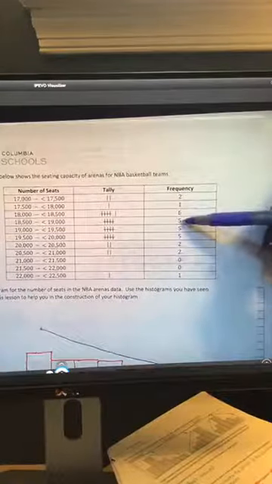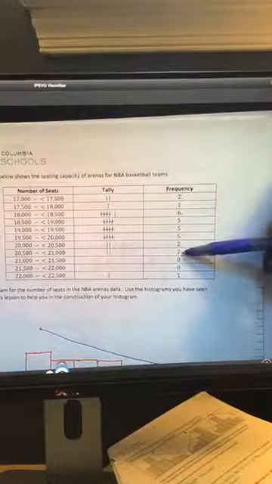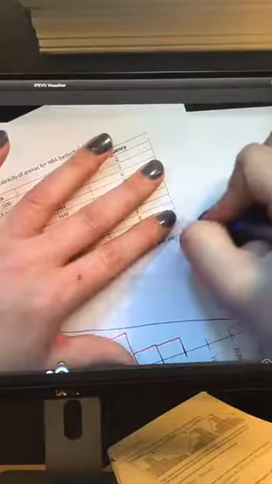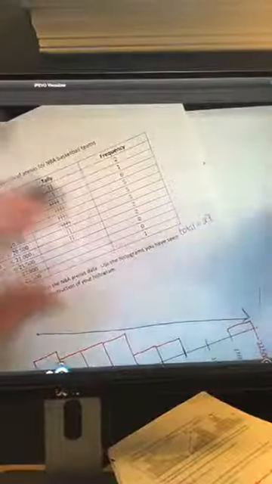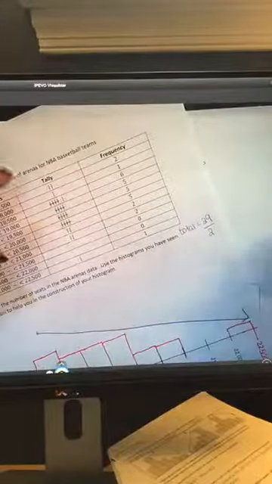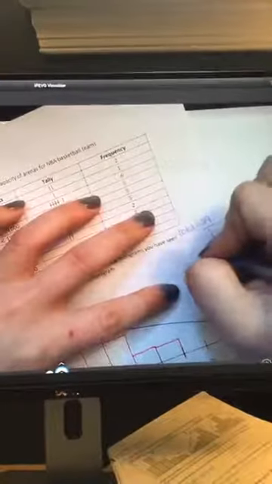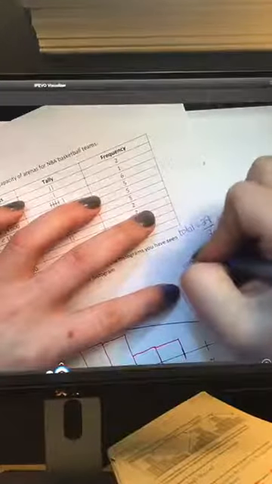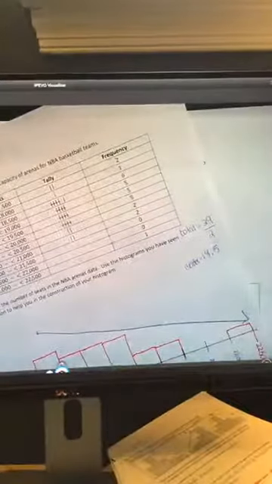So this is 2, 3, 9, 14, 19, 24, 26, 28, 29. So our total is 29. Then, in order to find the center, remember we have to divide that by 2. So 29 divided by 2 is 14.5. So our center is 14.5.